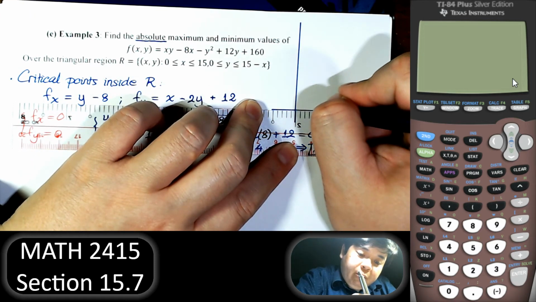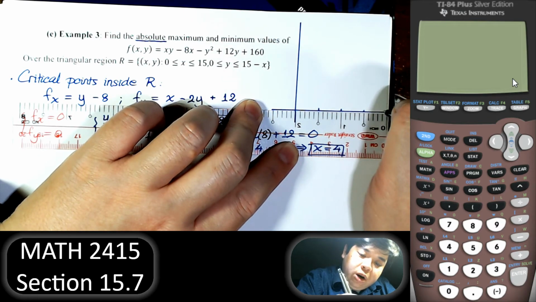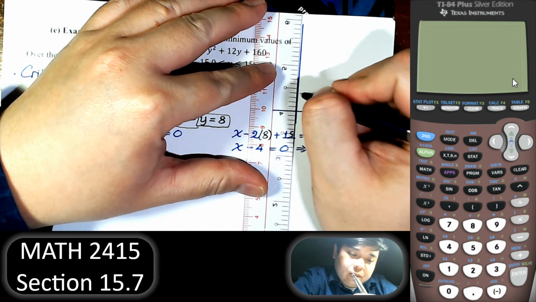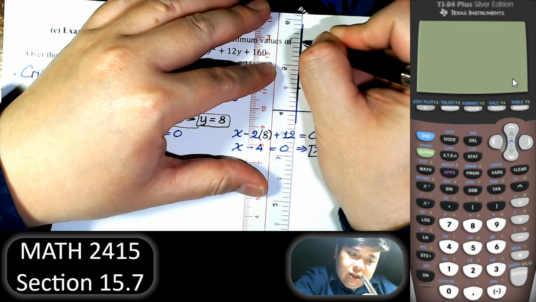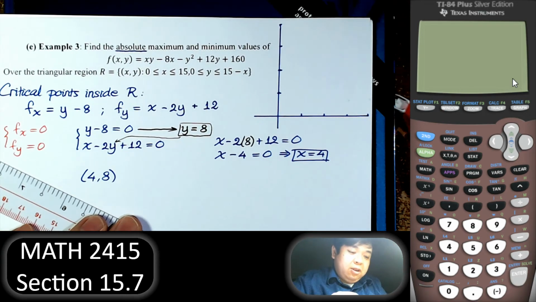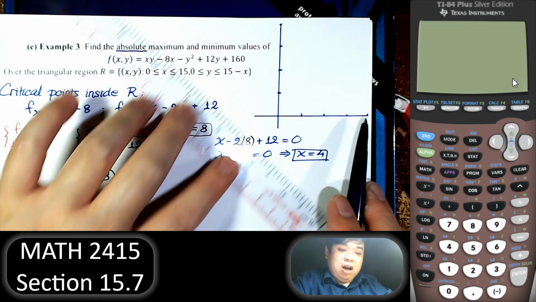So let's say 4, 8, 12, and 16 on each axis. And then we have x is between 0 and 15, and y is 15 minus x.